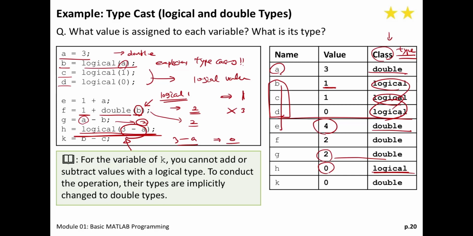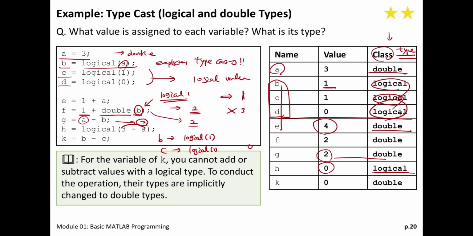Okay, the final example is B minus C. B is the logical 1. C is the logical 1. What is this one? 0. Why? Basically, you cannot do the addition or subtraction between two logical values.